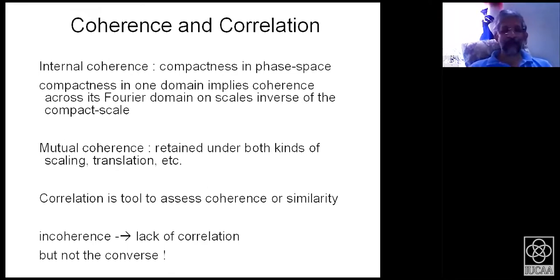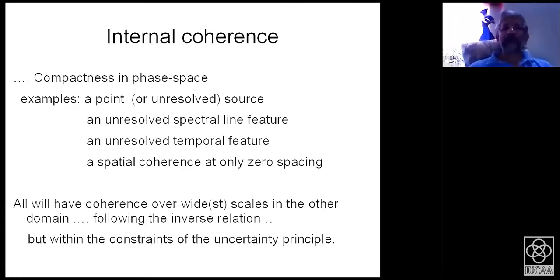So we need to account for those possibilities, search for possible shifts and translations and scalings, which when applied correctly, you would see that the intrinsic coherence will manifest itself. Except that if there is real incoherence, no matter what you do, you will not be able to produce significant correlation. So what is internal coherence?